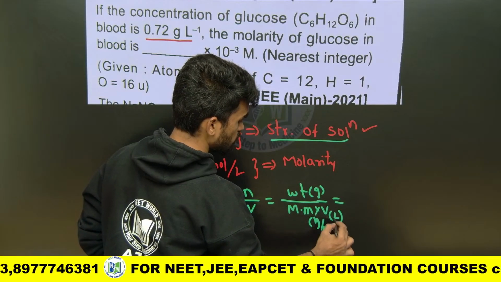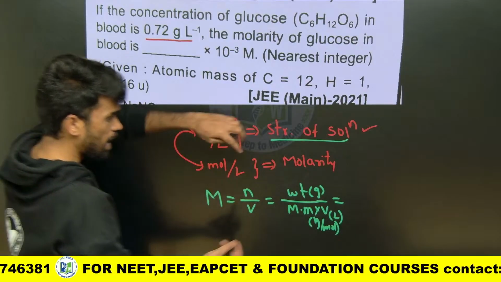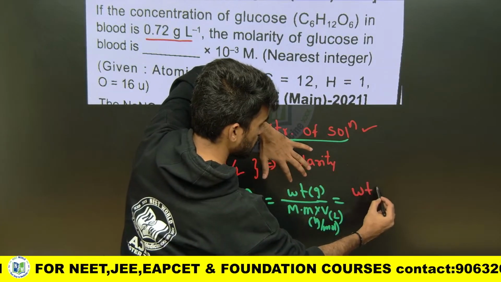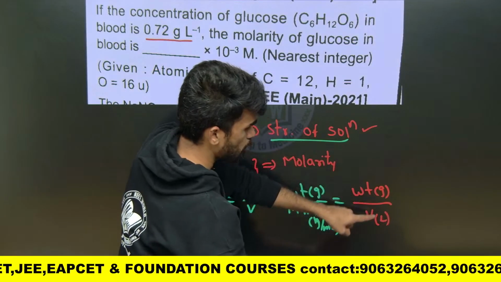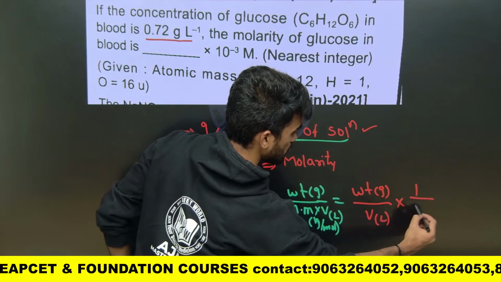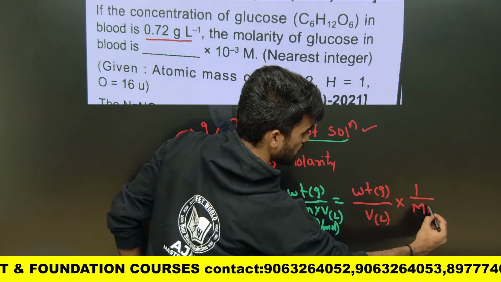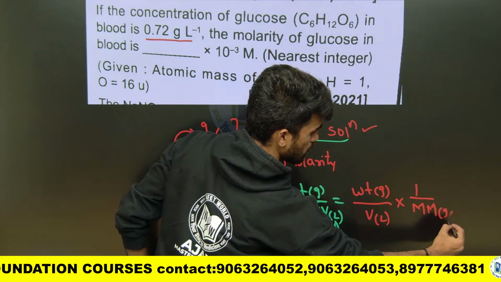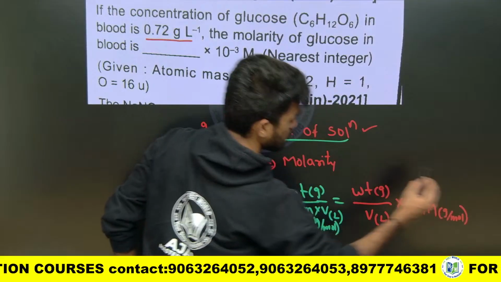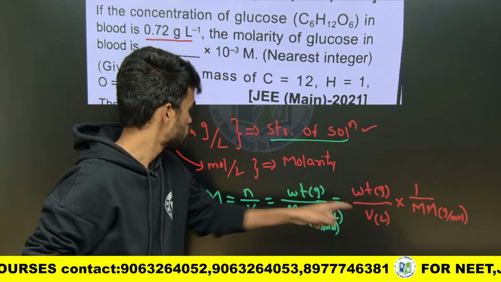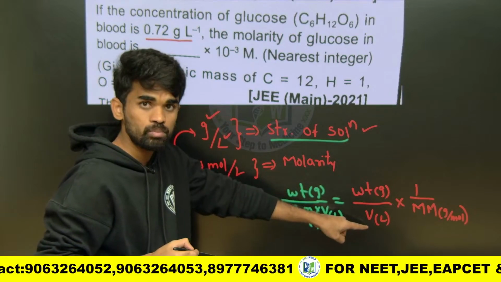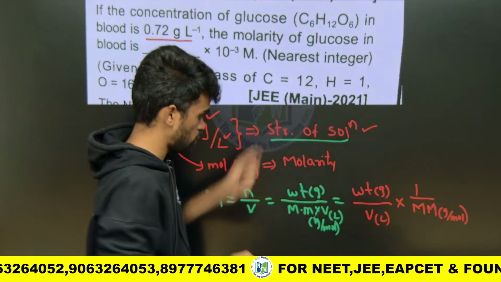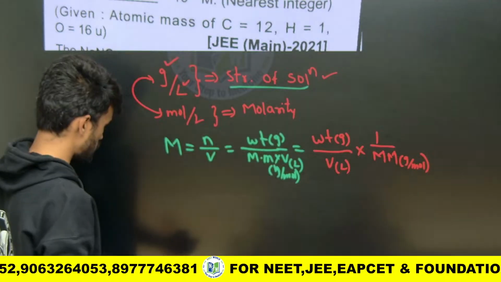Now weight by volume is nothing but gram per liter, so weight by volume in liters I can write as strength of solution. So we got a relation like this.